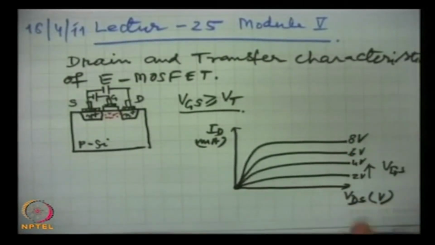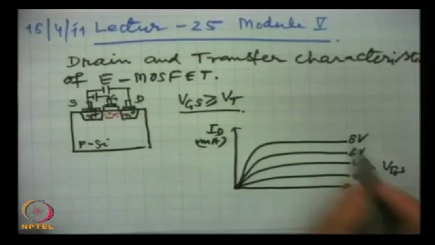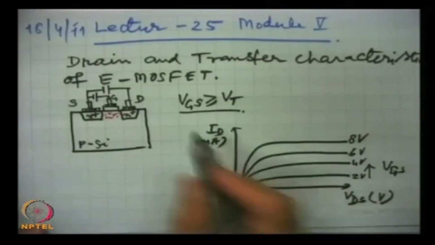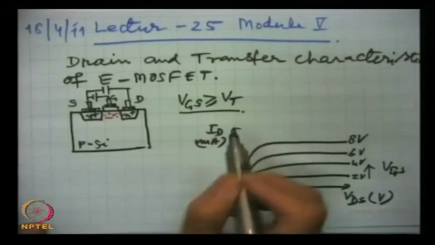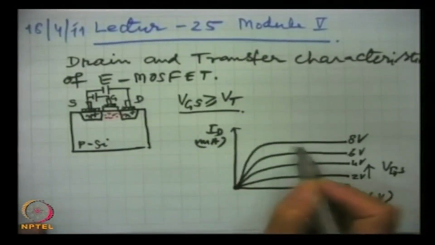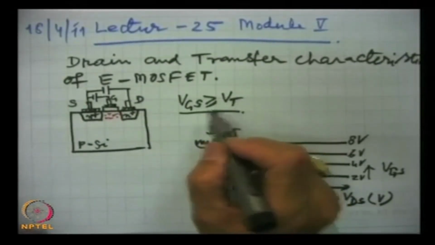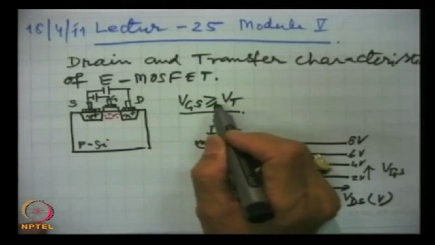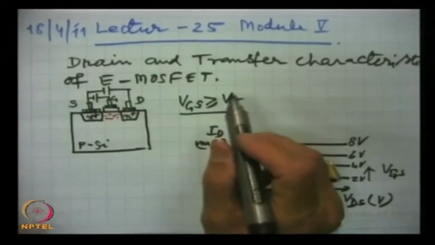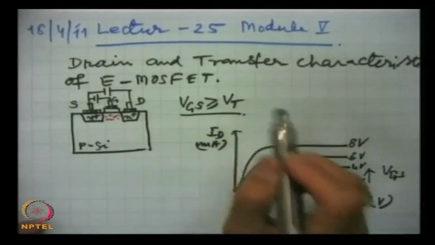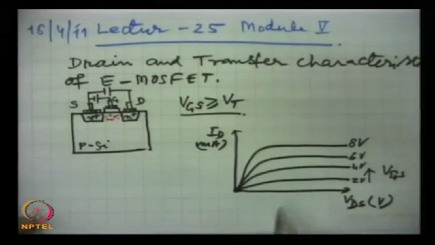These are the drain characteristics, as we call, for the E MOSFET. And these currents, as we have talked earlier, this drain current exists only for voltages in excess when gate source voltage is equal to or greater than the threshold voltage required for the channel creation.